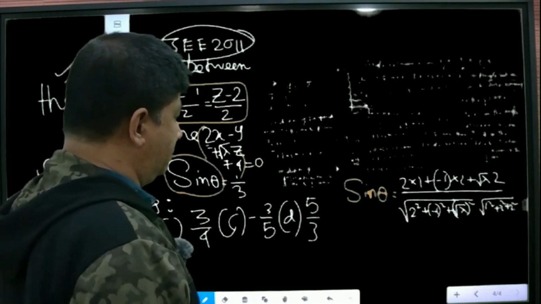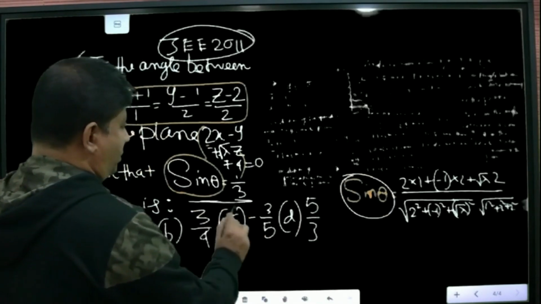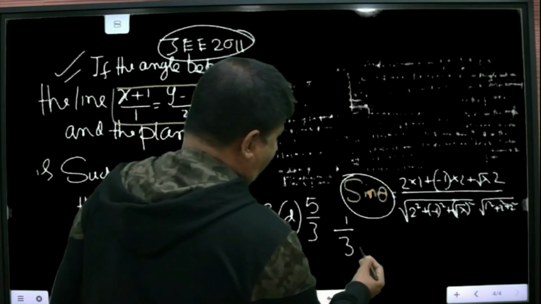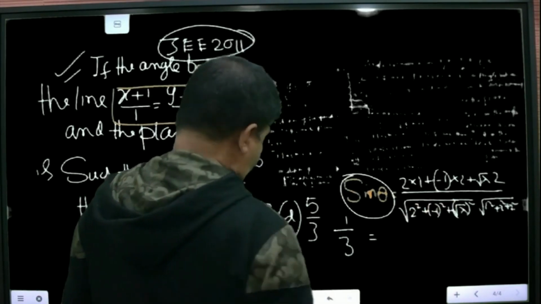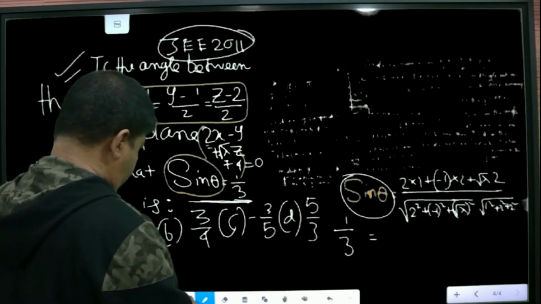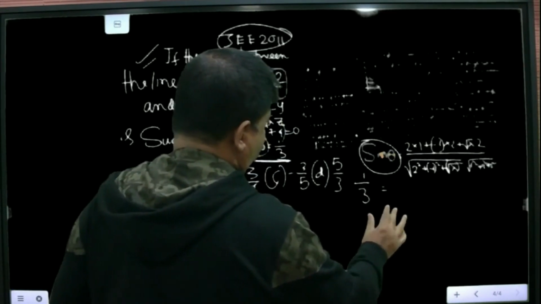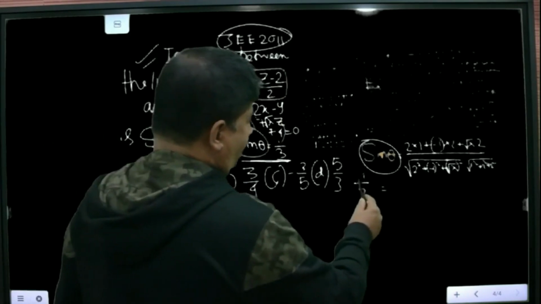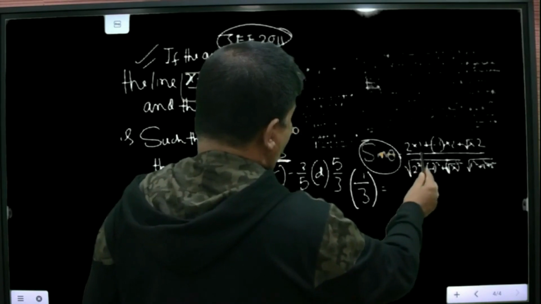Now, sin theta is given what? In the question, sin theta is given 1/3. Put here and complete the calculation. Instead of sin theta, you can put 1/3. That is, you see 2 into 1.